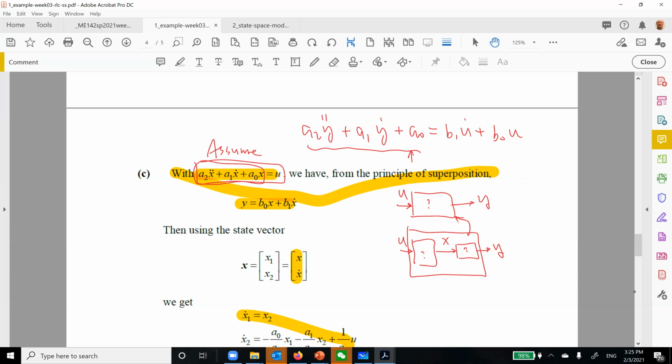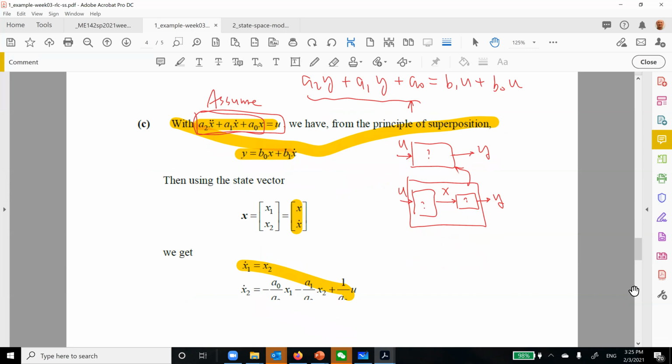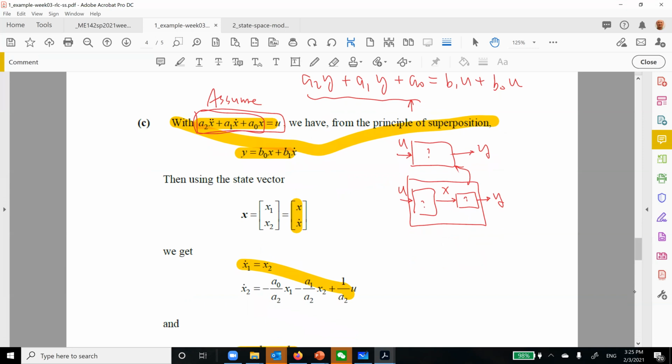So let's do what we have here. What we are trying to do here is we write down x dot is my state vector.